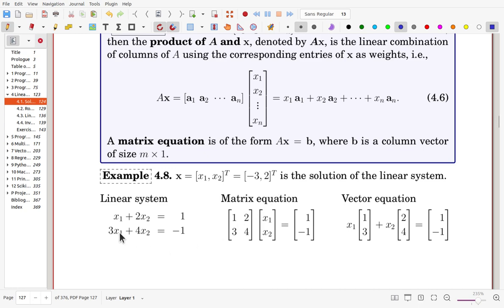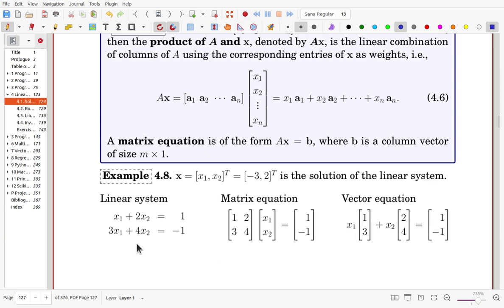Once it is written in this way, we usually say this is the system of linear equations. Once it is written in this matrix form, it's called a matrix equation. And once it is written along with the columns, as vectors, then it is called a vector equation.